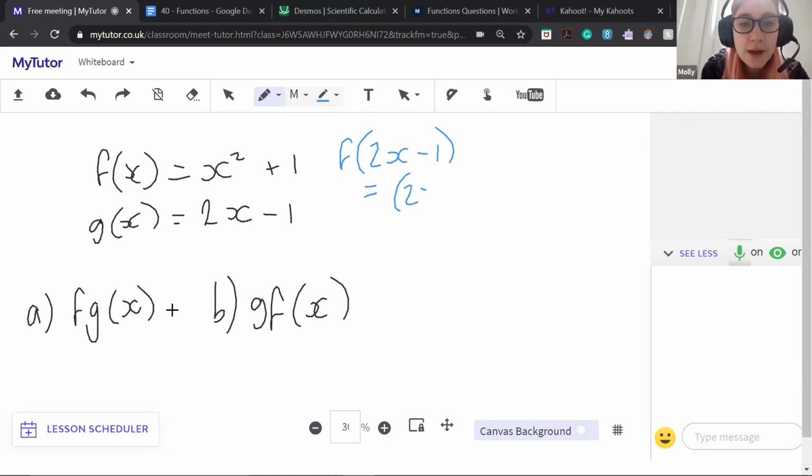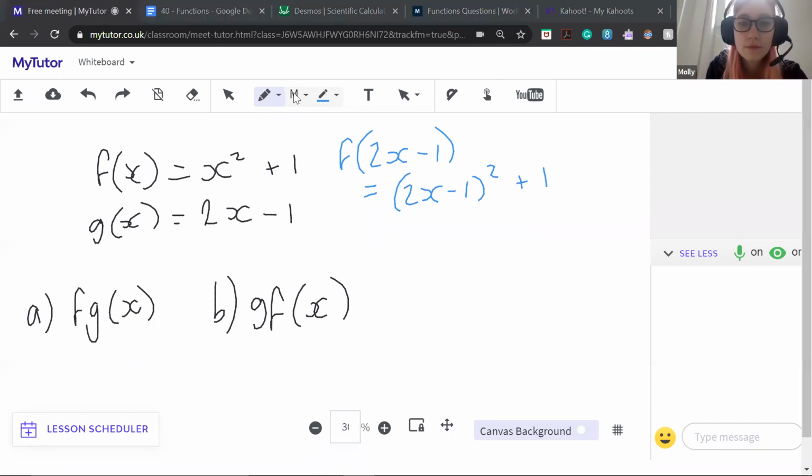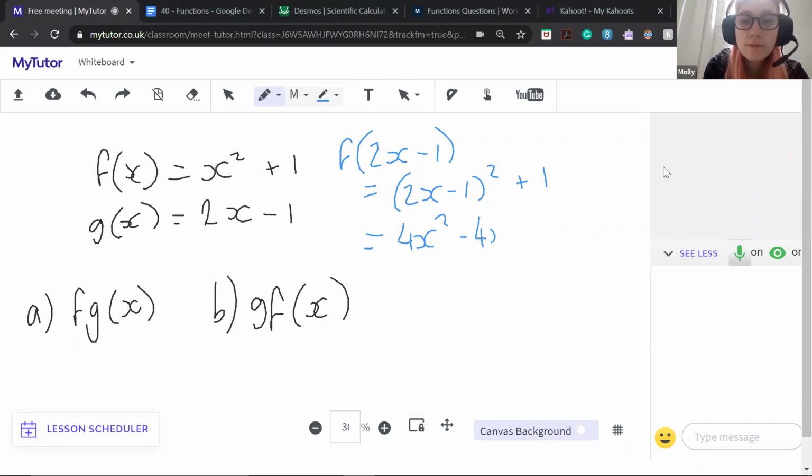So that's going to be 2x minus 1 squared plus 1. And then this is going to be 4x squared minus 4x plus 1, and then add that 1 on the end. So the answer to A is 4x squared minus 4x plus 2, which I think a load of people got, which is really encouraging.